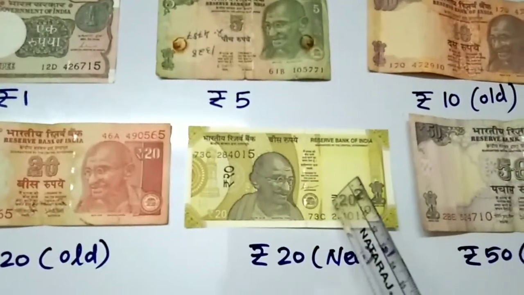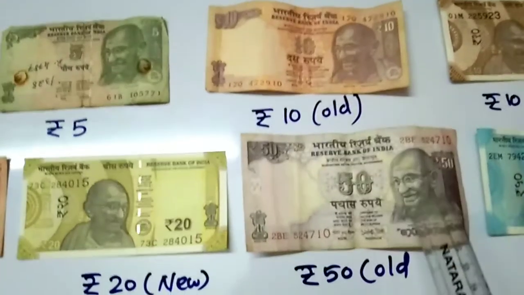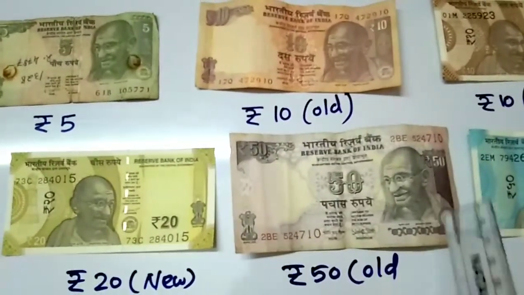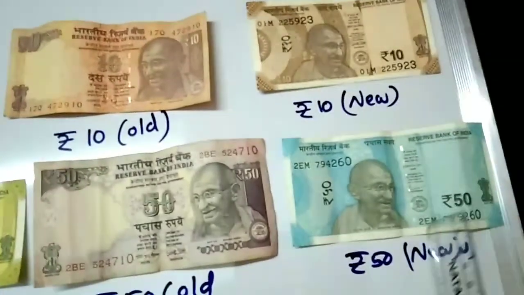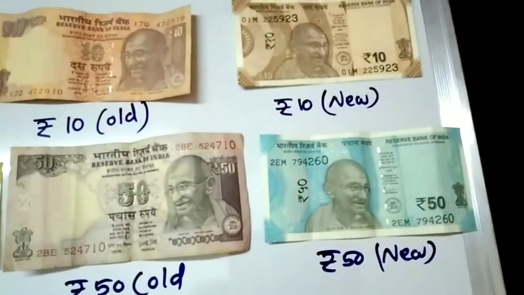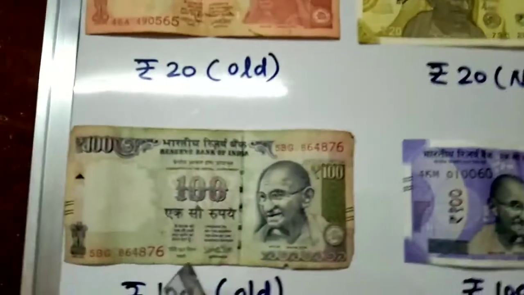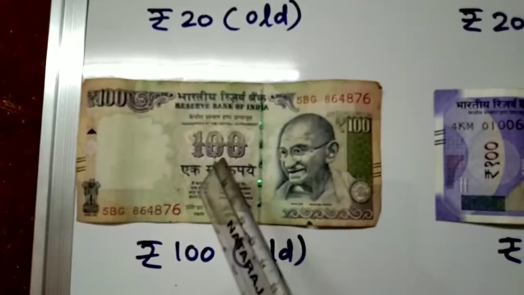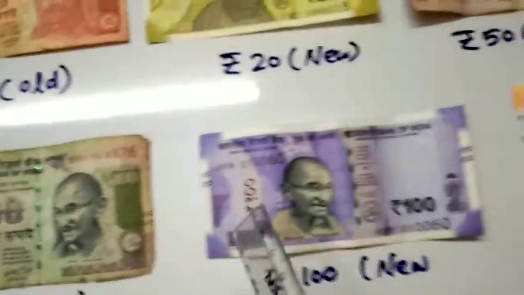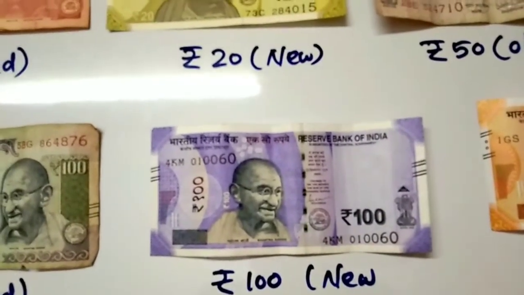Here you listen. This is the symbol of rupees. Then this is 50 rupee note. This is old one. And this one is new one. New 50 rupee note. Then this is 100 rupee note. This is old one. And this one is new 100 rupee note.